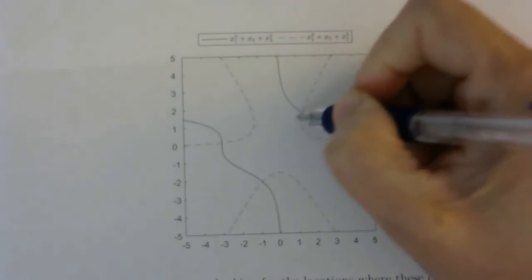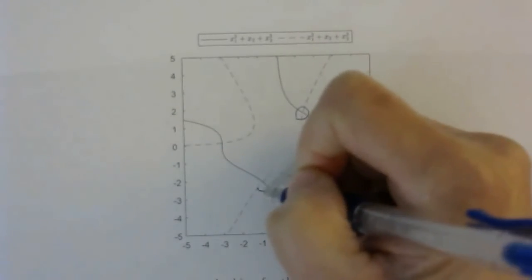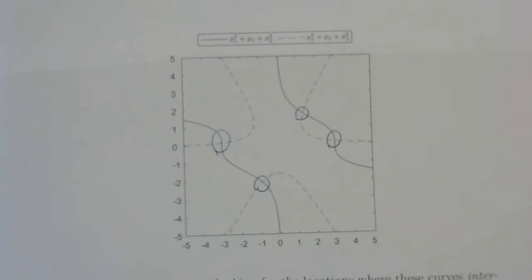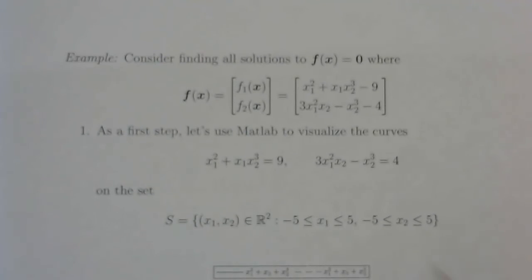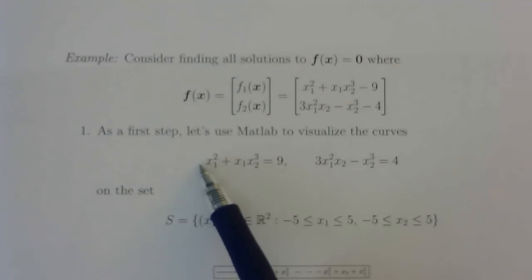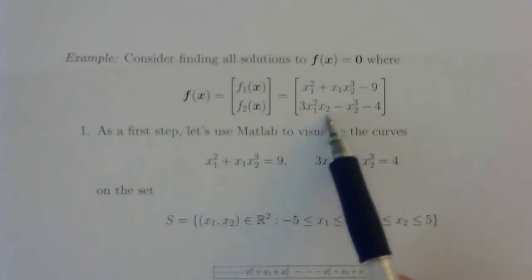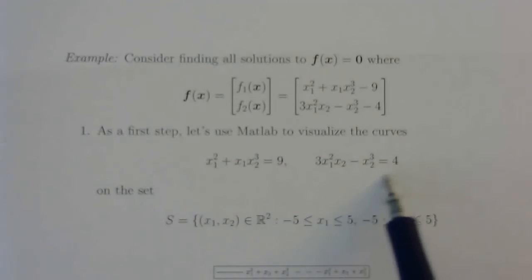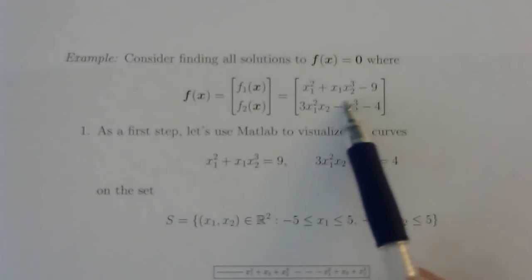So it looks like there are 4 intersection points. And why are we looking for places where the curves intersect? Well, the level curve where this is true is where this is equal to 0, and the level curve where this is true is where this is equal to 0.